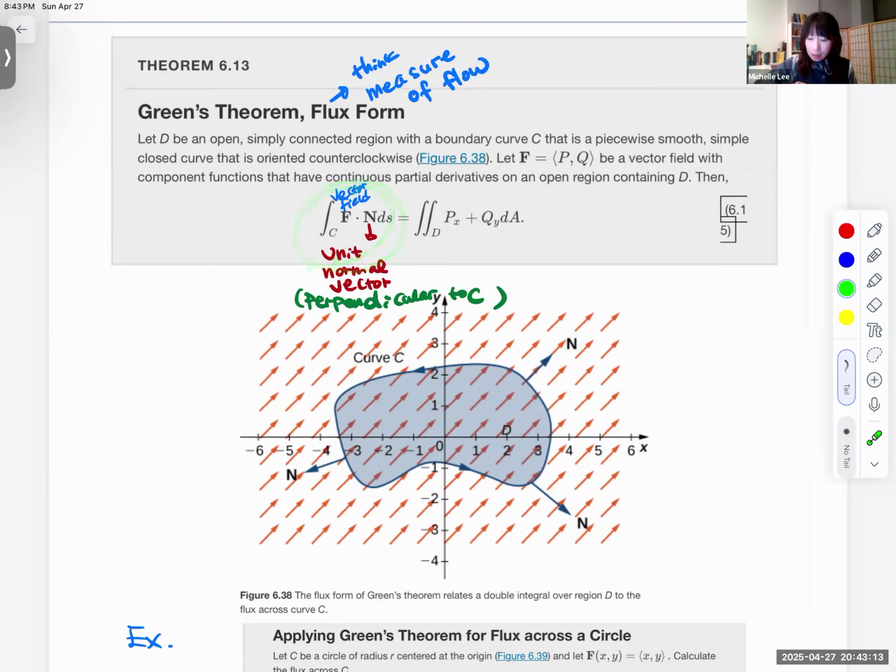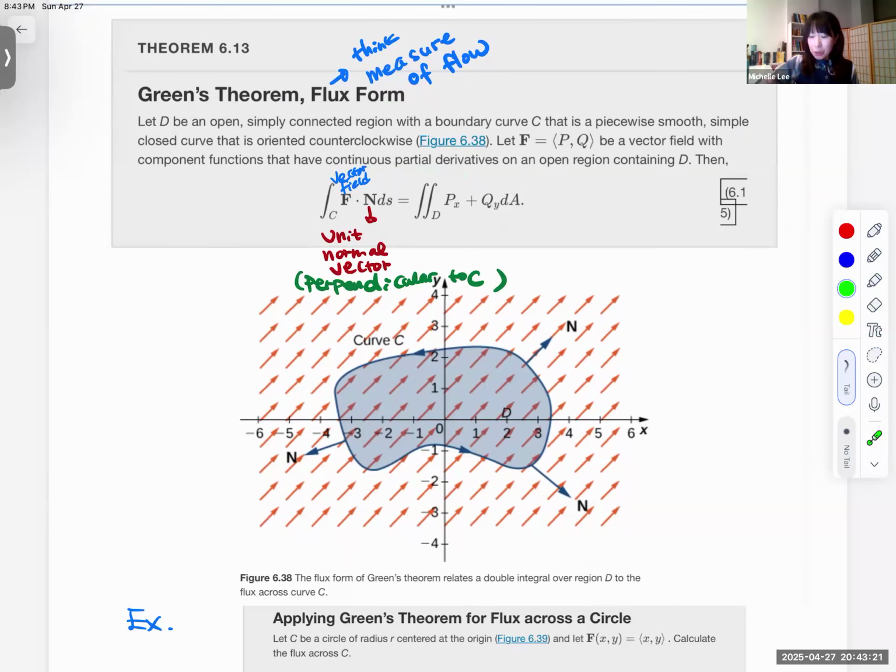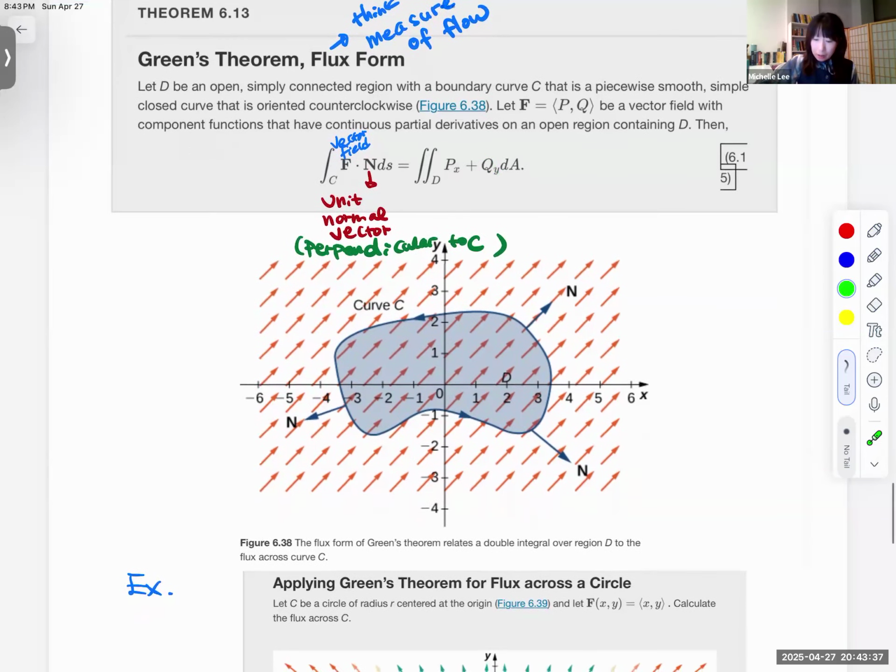Everything is the same as the circulation form. Then the Green's theorem formula changes here. We had Q sub x minus P sub y earlier, and this one is P sub x plus Q sub y.